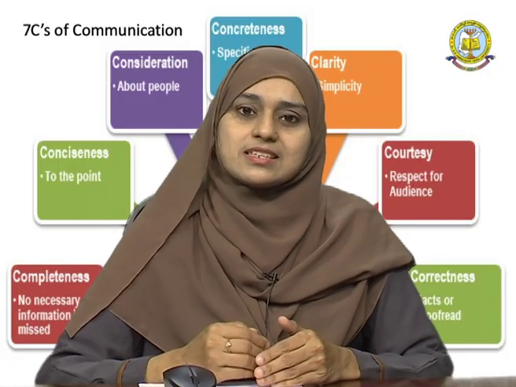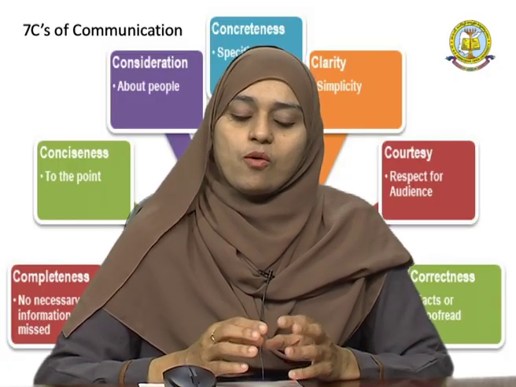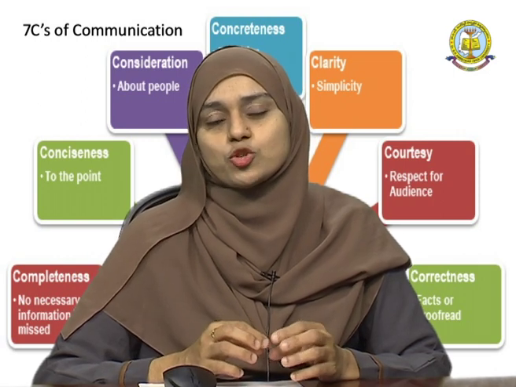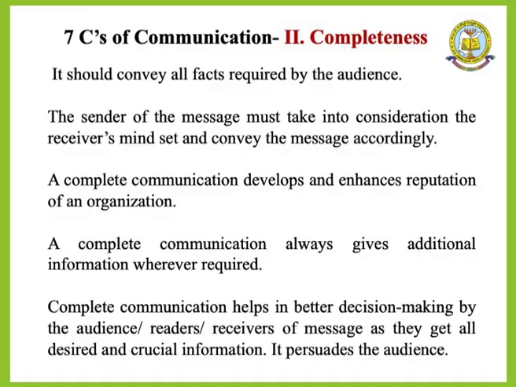The second C is completeness. Now, all the facts which are necessary for any content of a message should be complete. A sender of a message must take into consideration the receiver's mindset and then convey the message accordingly.